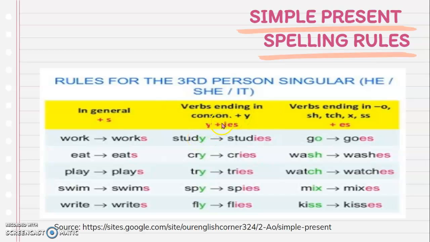When the verb finishes in a consonant plus y, we change the y for ies. There we have study, studies, cry, cries, try, tries, spy, spies, fly, flies.